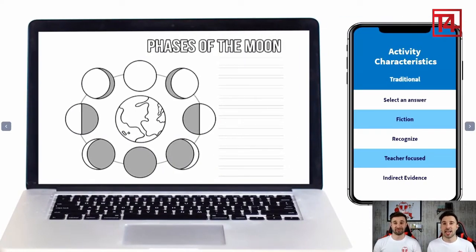This is another example of a science test, but this case is focused on phases of the moon, and it is exactly the same. We are asking our students to memorize content and write it down, and this practice is very teacher focused. The teacher creates the activity and the student only does what the teacher is asking them to do.